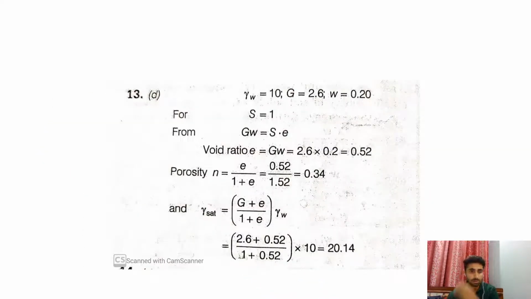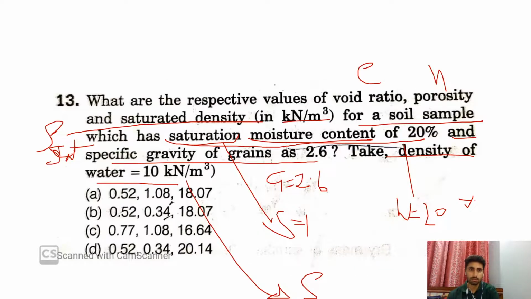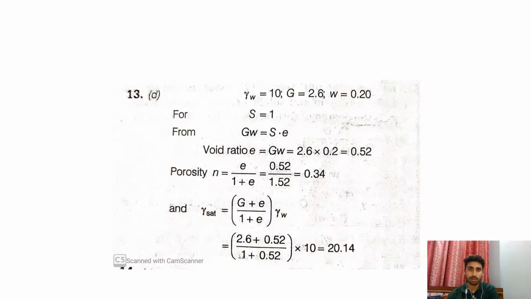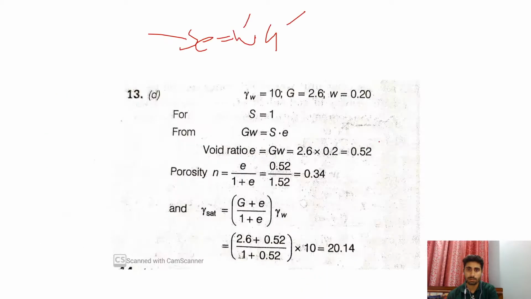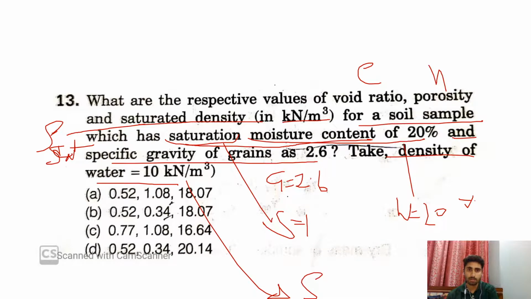So how are we going to solve this? First thing we are asked to find is the value of e. So definitely we are going to use the formula S e equals w G, as we are given the values of w, G and S. S is 1, w is given as 20%, and G is given as 2.6.